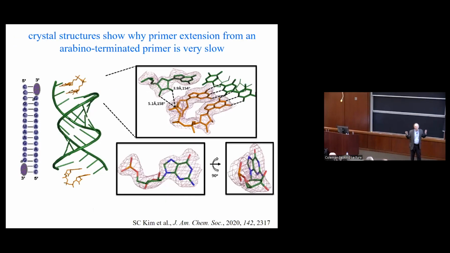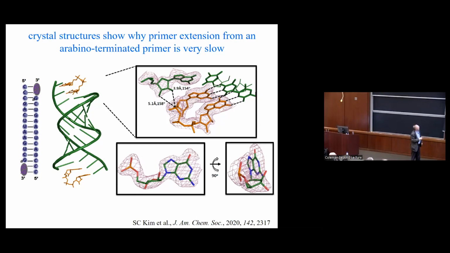But then why is that happening? To get at that, again, we go back to X-ray crystallography. We chemically synthesize these chains that have the variant nucleotides in different positions wherever we want, and grow crystals. Sometimes it works, sometimes it doesn't.